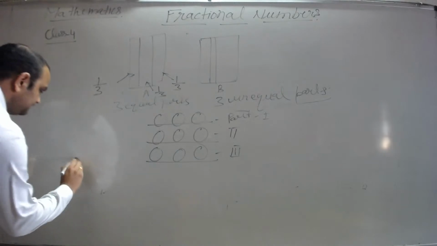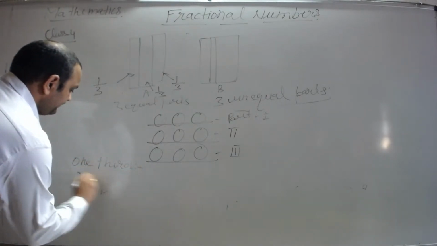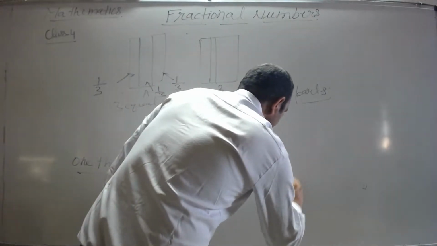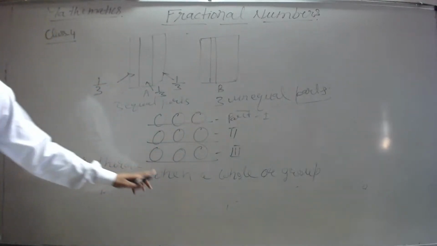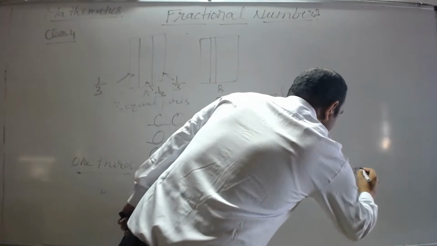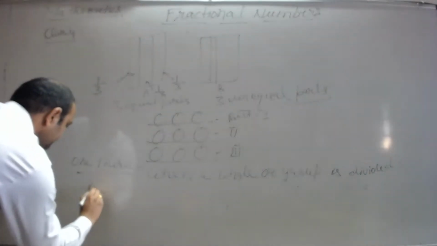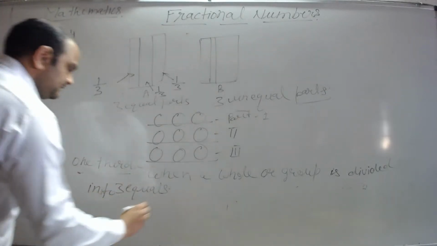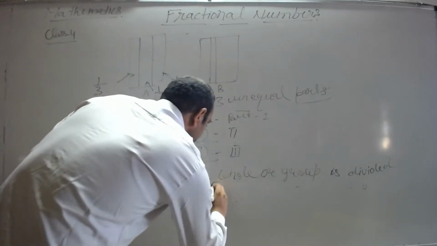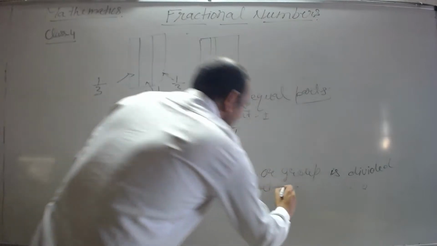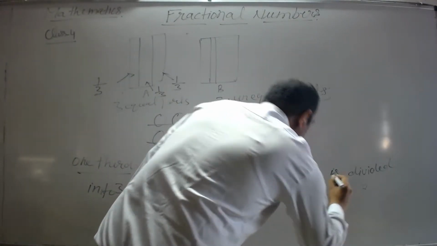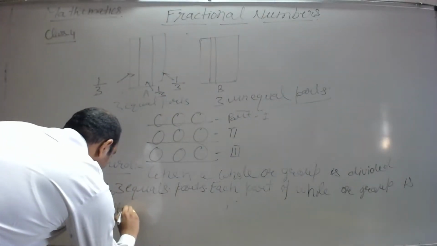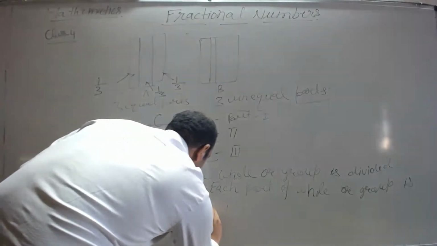So the definition of 1/3 will be, when a whole or group, meaning a collection of objects, is divided into three equal parts, each part of a whole or group is called 1/3.